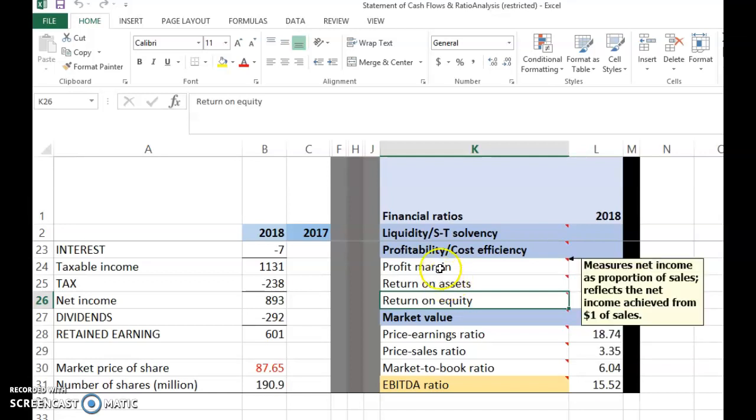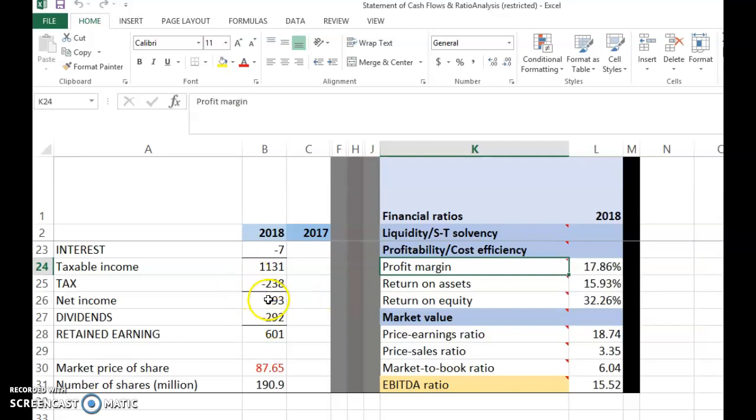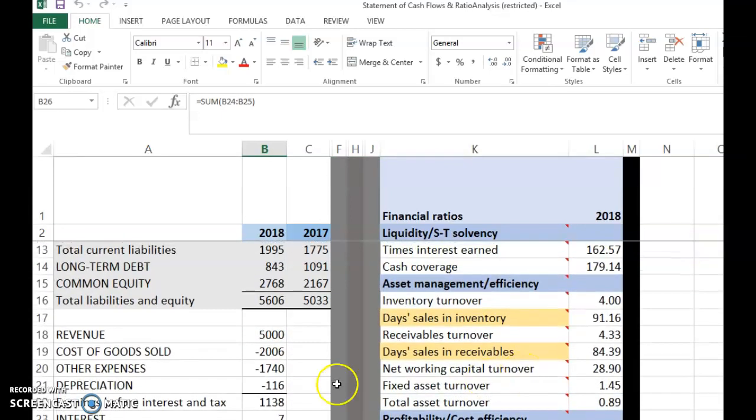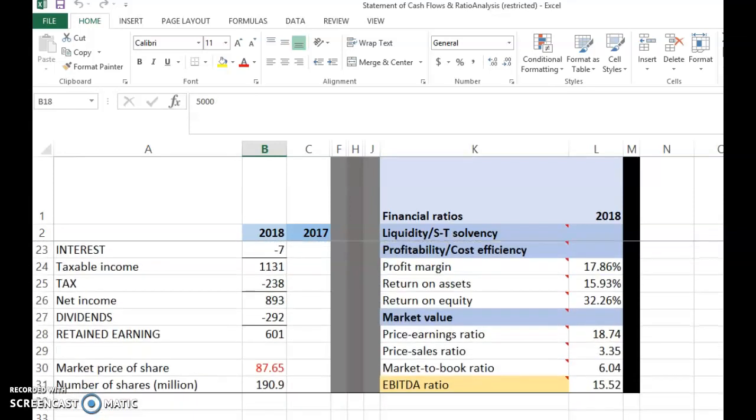So let's look at the first ratio here, profit margin. The formula is net income or profit divided by sales. So you take net income 893 divided by sales, which is 5,000. So you get the value.